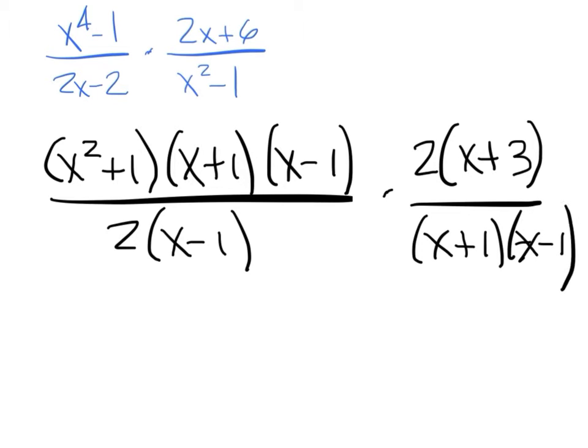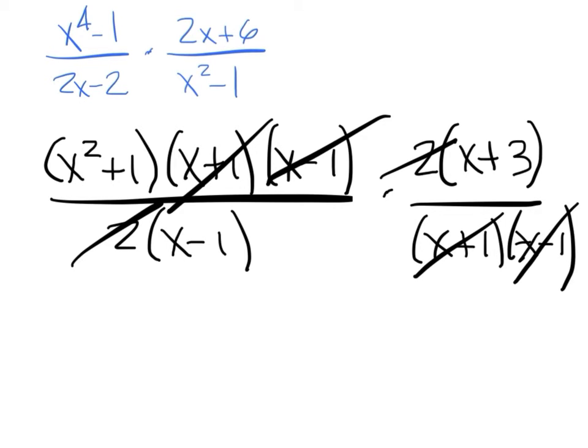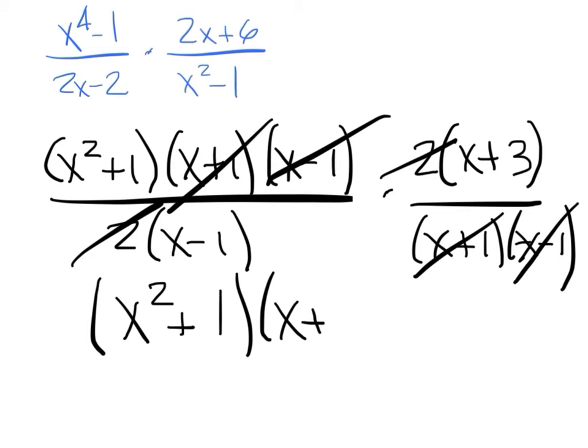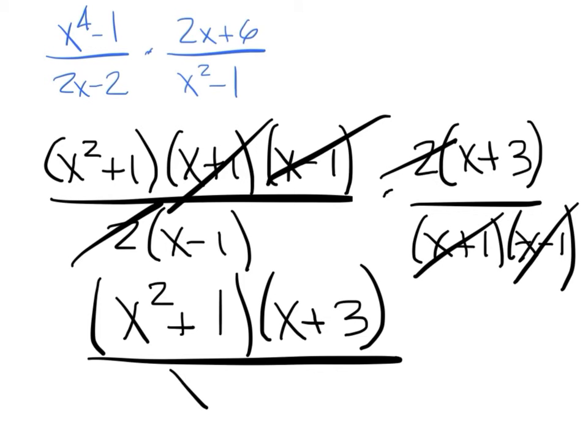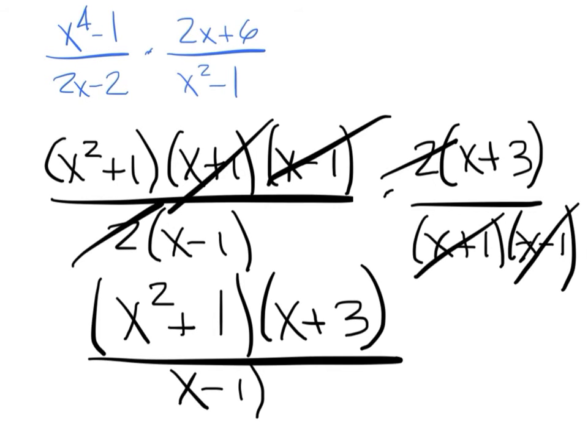So we can cancel those out, and the 2's cancel out there. Looks like we are left with x squared plus 1 on the top, and also an x plus 3, and then on the bottom you have an x minus 1.